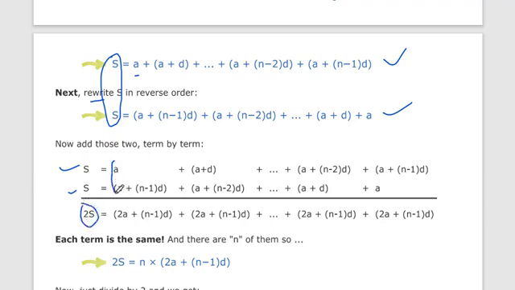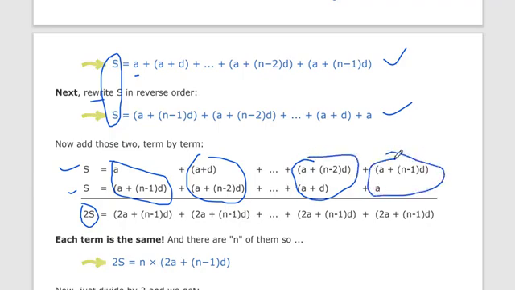Do not add the first term with the second term; add term-wise. We add the first terms, then the second terms, then the second to last terms, and the last terms.